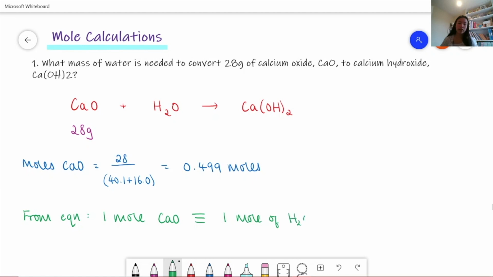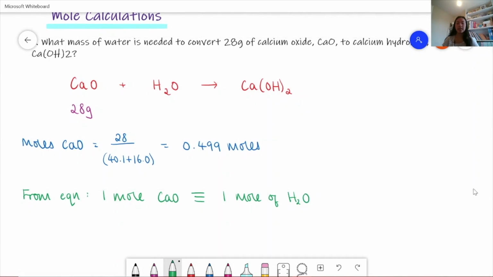So we compare it to the thing that we're trying to find, in this case the water. And so what this tells us is that 0.499 moles of calcium oxide will react with 0.499 moles of water.